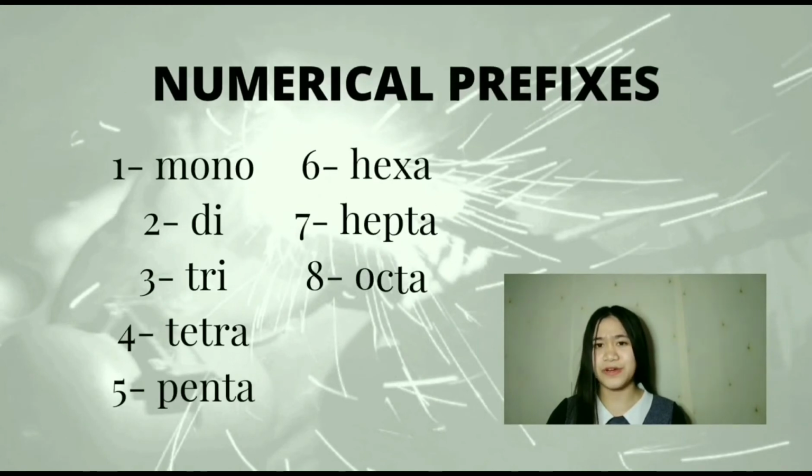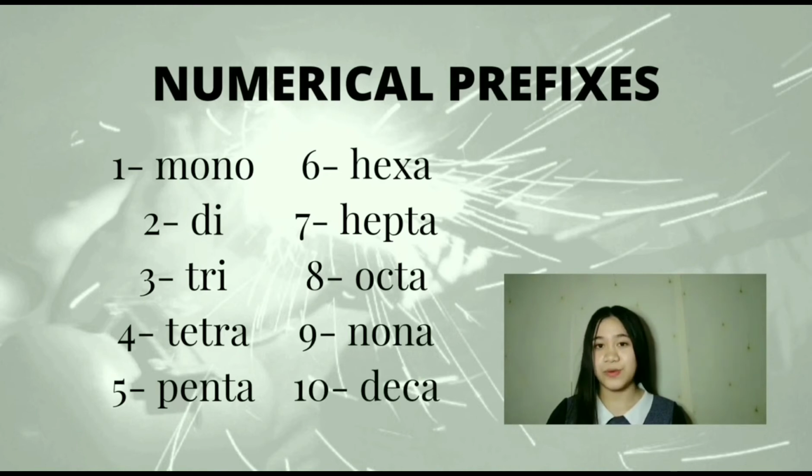And the first 10 numerical prefixes are: 1 is mono, 2 is di, 3 is tri, 4 is tetra, 5 is penta, 6 is hexa, 7 is hepta, 8 is octa, 9 is nona, and 10 is deca.